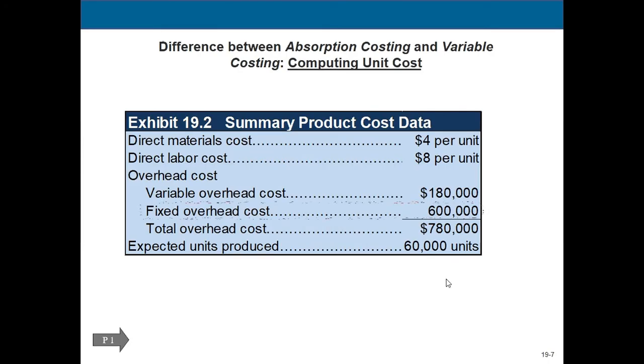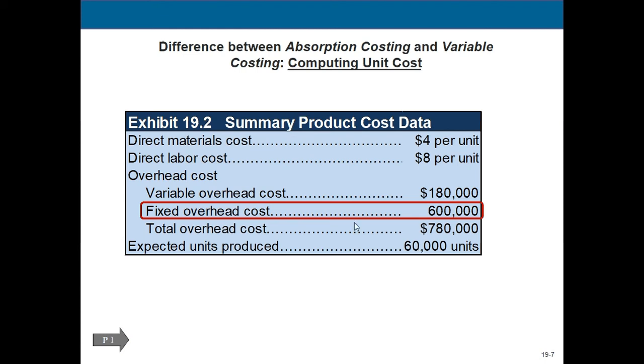All right, so here's again the difference between the two. The summary of cost product data, we're going to use this throughout. Direct material is $4 per unit, direct labor is $8 per unit, and then in overhead we have a variable piece and a fixed piece: $180,000 variable, $600,000 fixed, and we expect to produce 60,000 units in this product line.